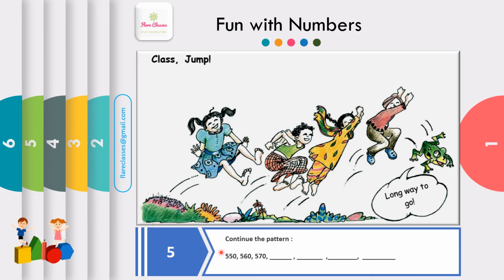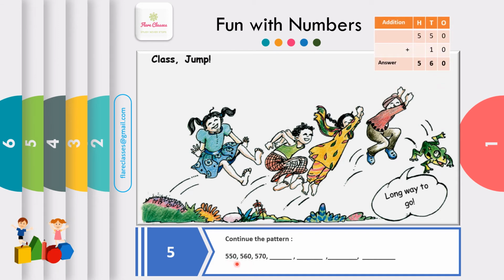This question asks, continue the pattern. So students, what is pattern? A pattern is a series or sequence that repeats again and again. As we can see here, 550, 560, 570. We are adding 10 again and again.